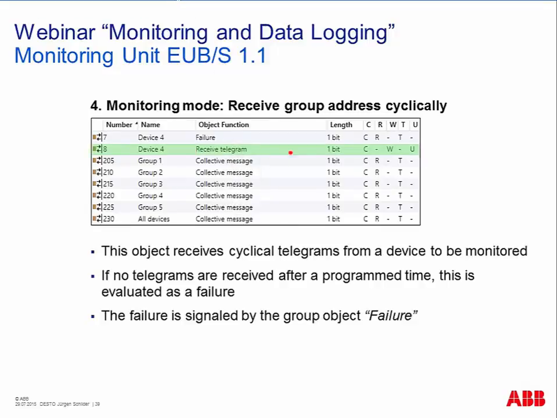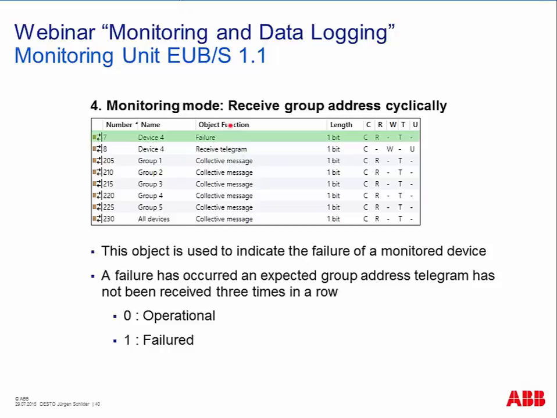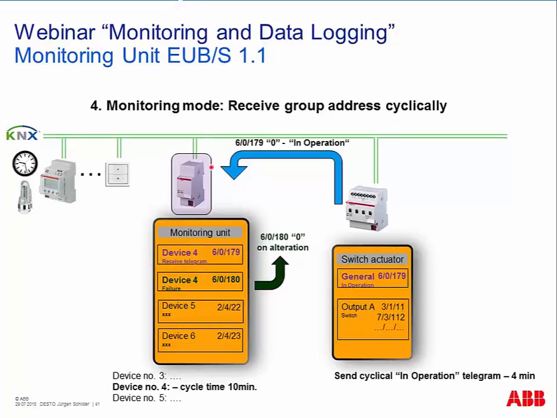Here you have the group object. This will be linked to this cyclical sending telegram from the device, and of course we have also here our failure communication object. It's the same as always. And here you see a more visual way of communication.